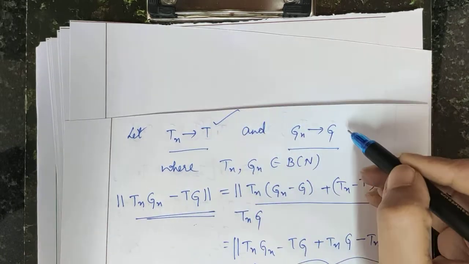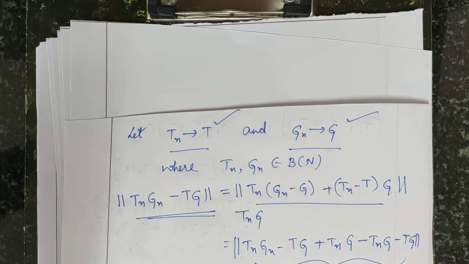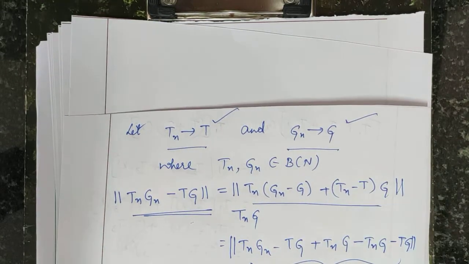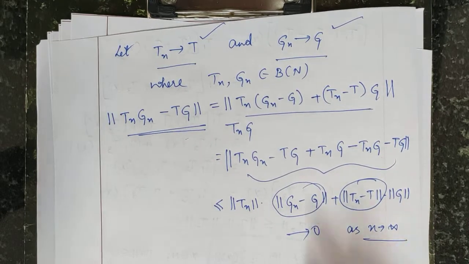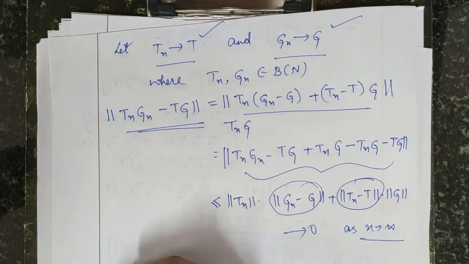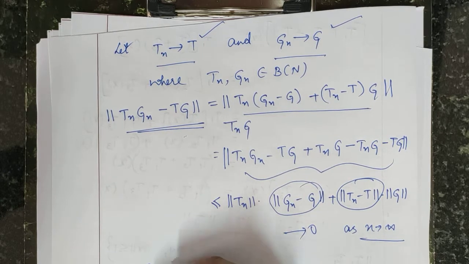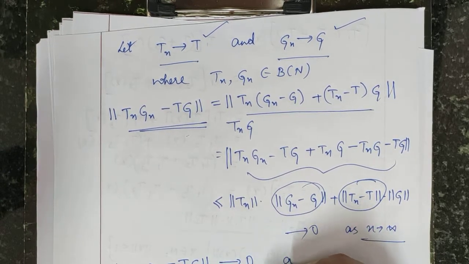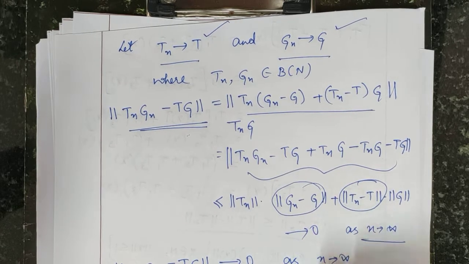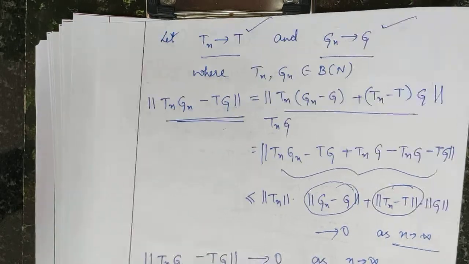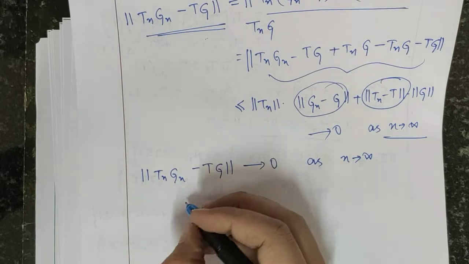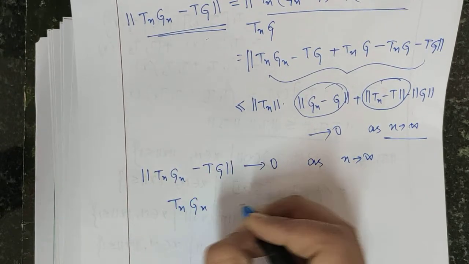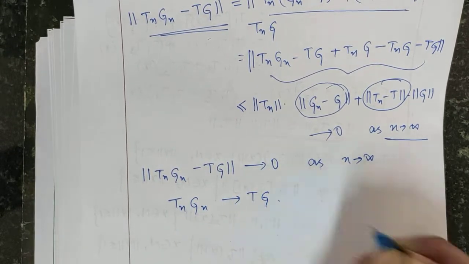We have already considered that Tn converges to T and Gn converges to G as n tends to infinity, right? So from that I can say that norm TnGn minus TG converges to 0 as n tends to infinity, right? So from this I can say that TnGn converges to TG.